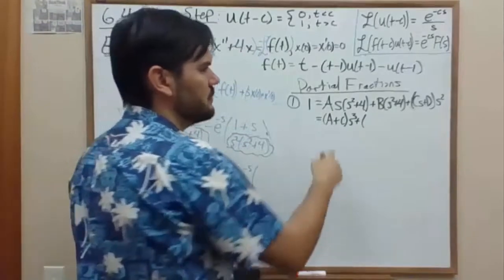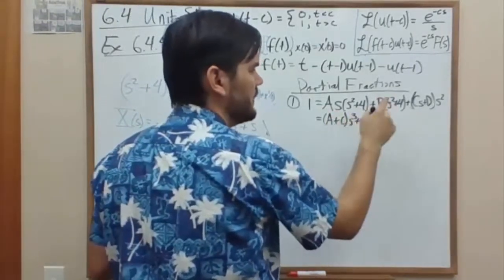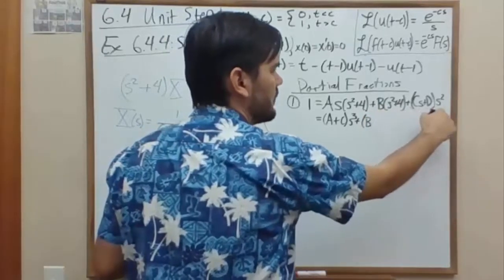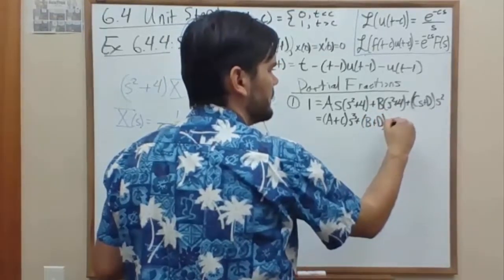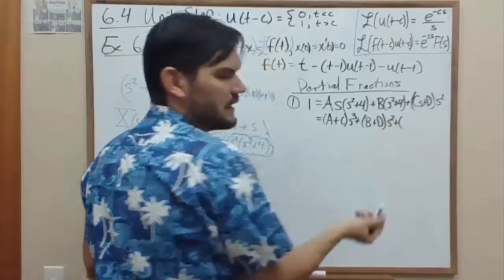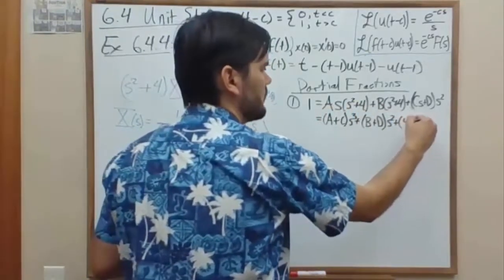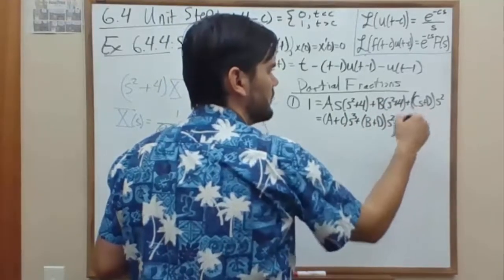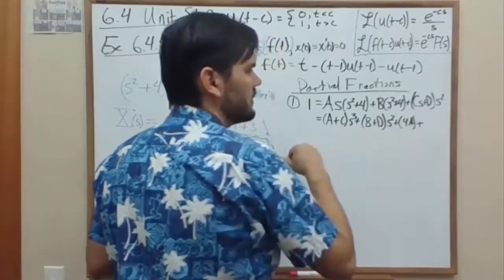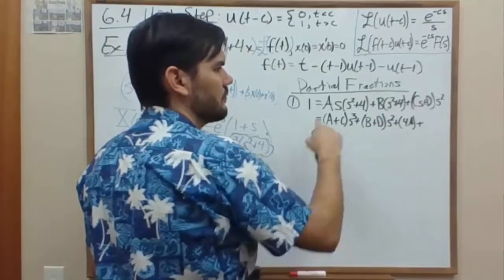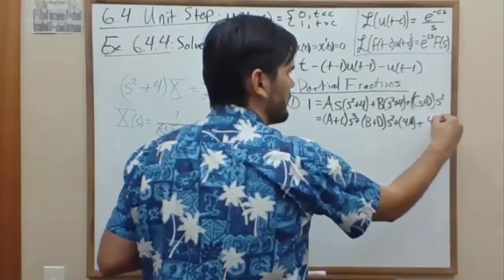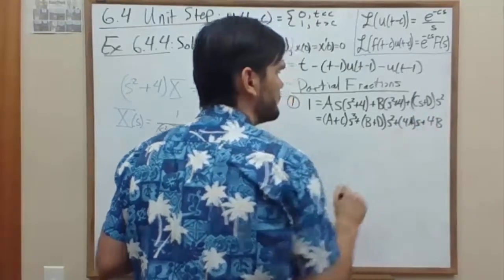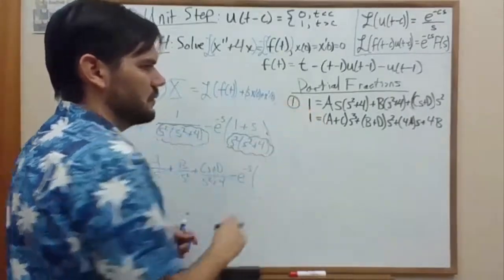Then the s squared terms, and here that's s squared times b plus d, plus the s terms for a, that's it. And then the constant term for b. I'm sorry, s times s. Okay, and all of that equal to 1.